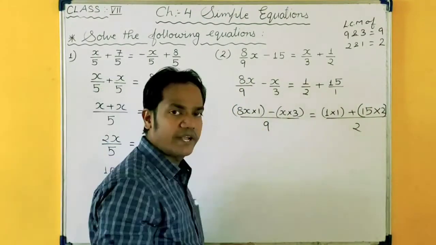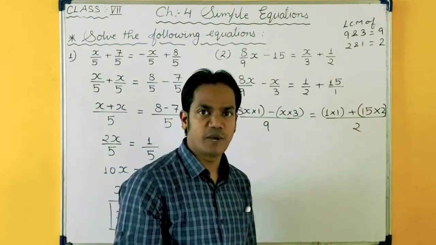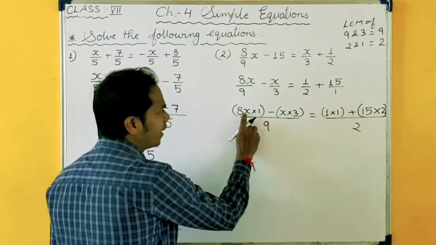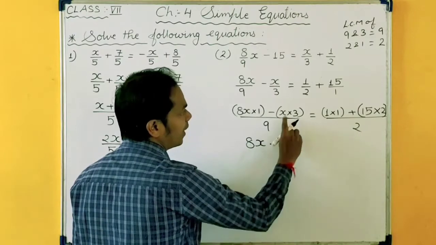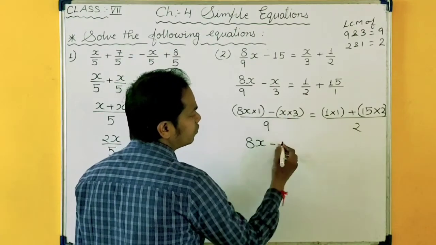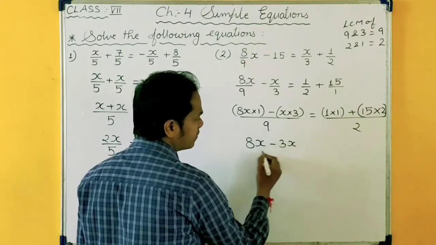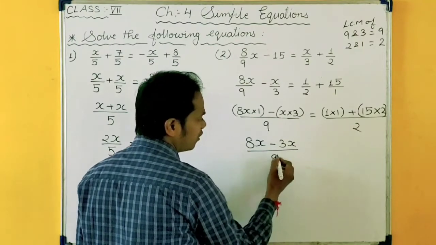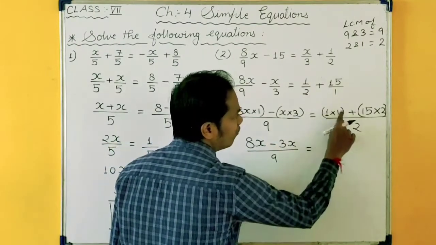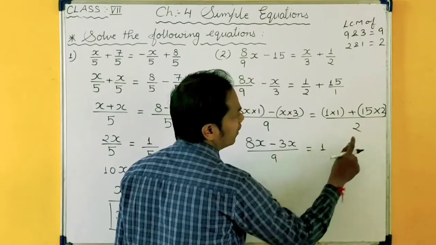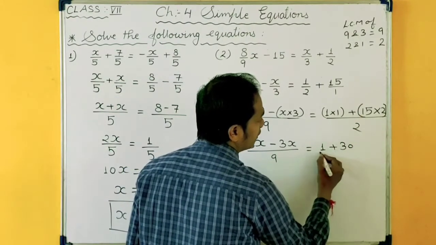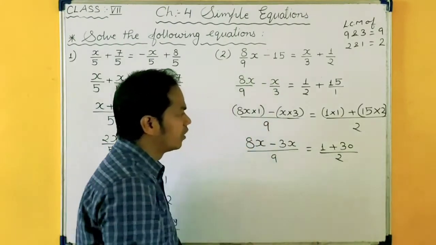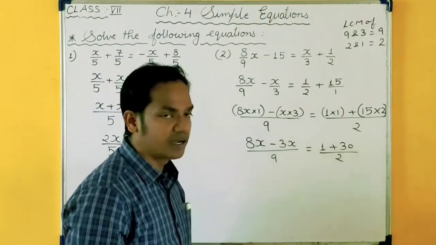You know that whenever you multiply any value by 1, you get the same number. 8x into 1 is 8x, minus x into 3 is 3x, upon 9. 1 ones are 1 and 15 twos are 30, upon 2.